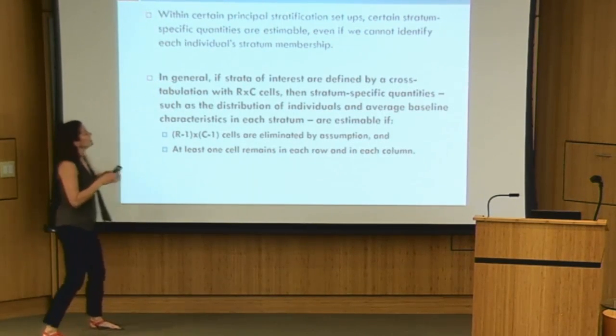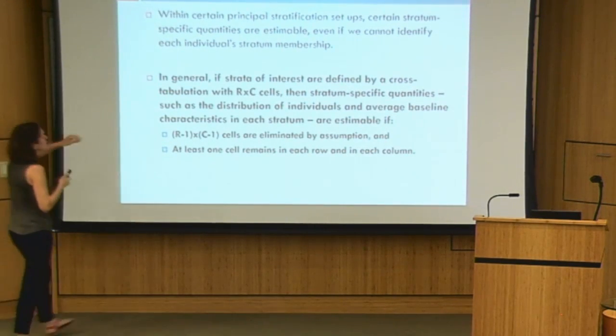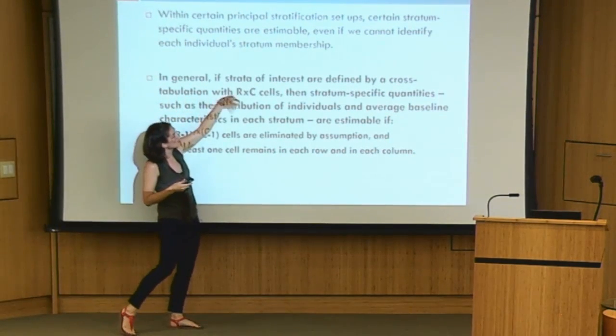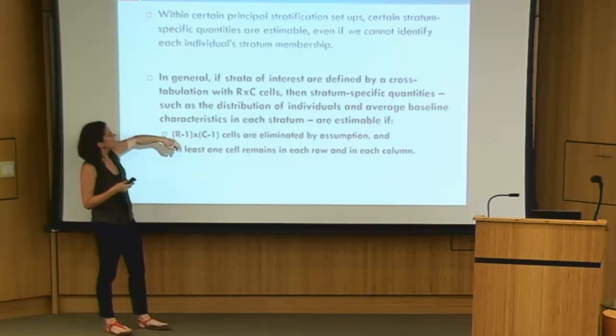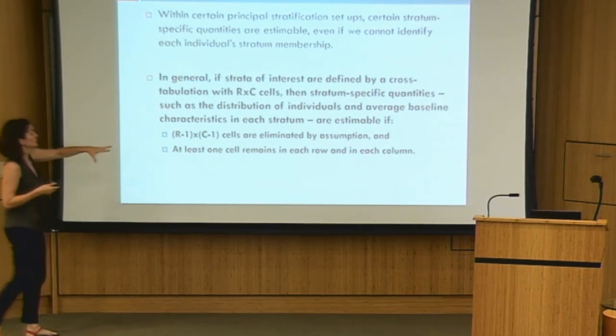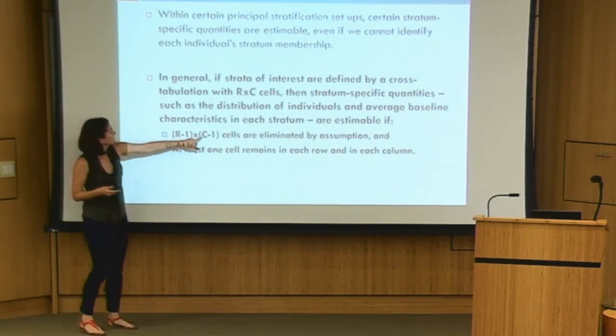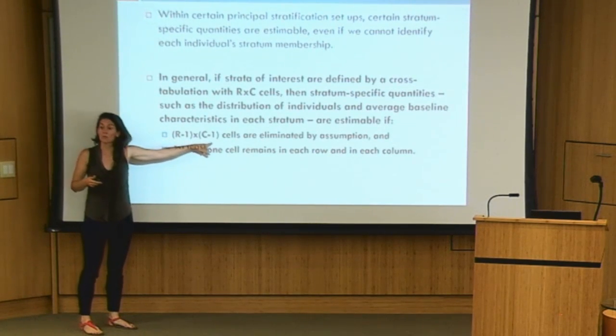Also, in general, if you have a principal stratification setup in its most general form that's defined by R by C boxes, number of rows by number of columns, you can learn a lot about your strata and certain stratum-specific quantities, such as the distribution of individuals and average baseline characteristics in each stratum, if you're able to X out R minus 1 times C minus 1 boxes.